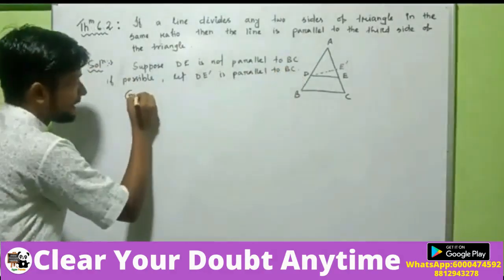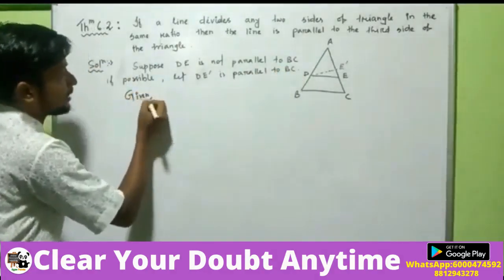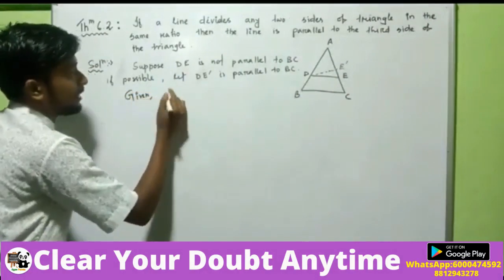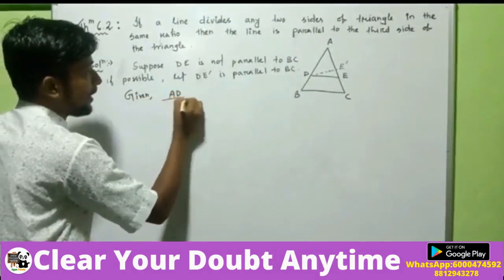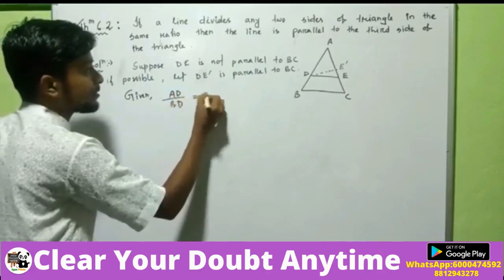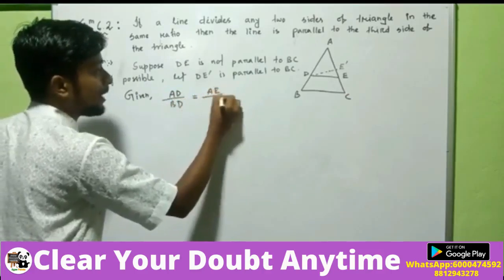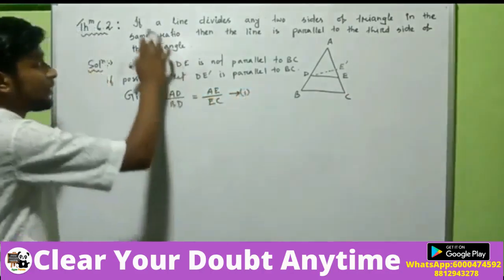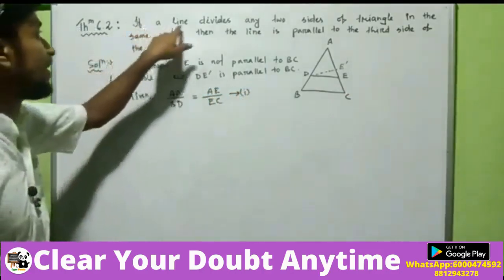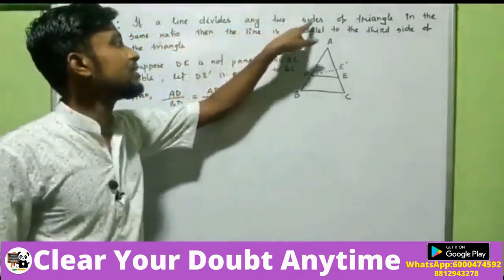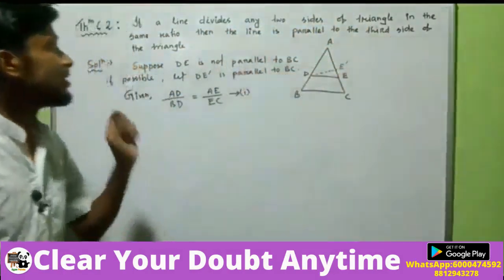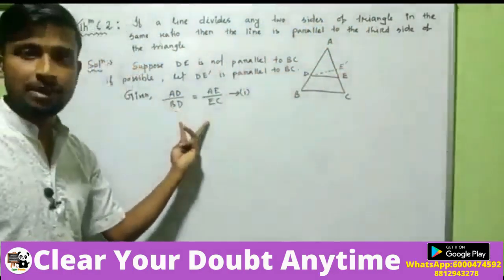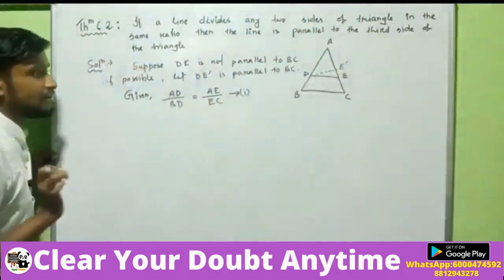Here we have a given AD by BD is equals to AE by EC. It is given, right? আমাকে এটা দিয়া আছে, if a line divides any two sides of a triangle in the same ratio divide হোৱা বুলি আমাক দিয়া আছে, এটা আমাৰ equation number 1.